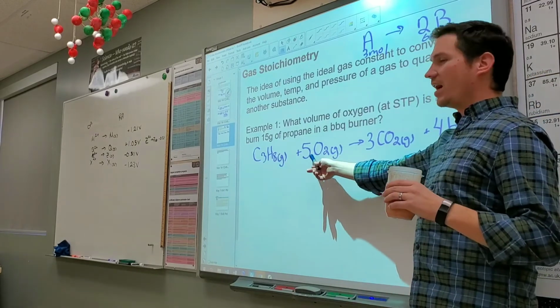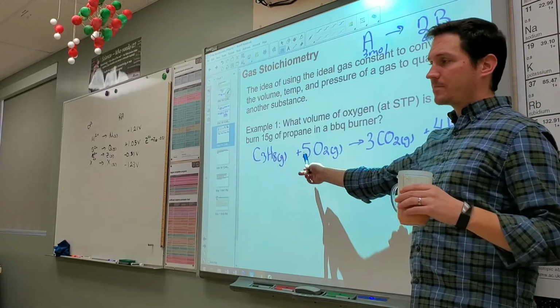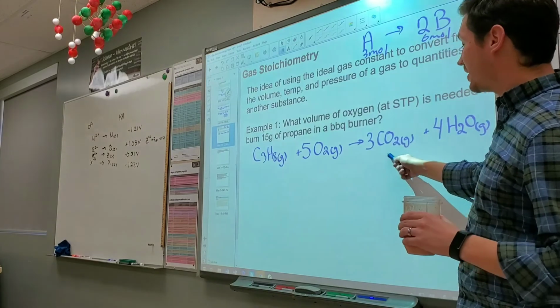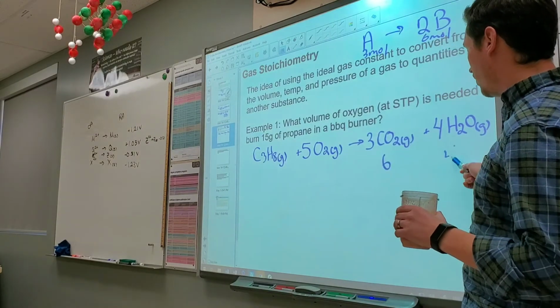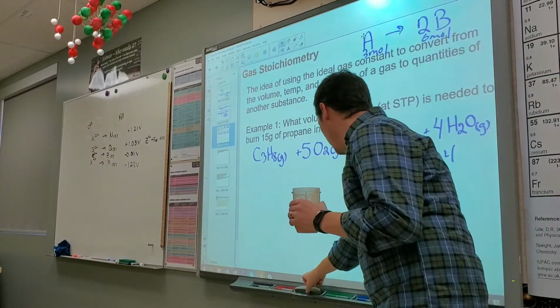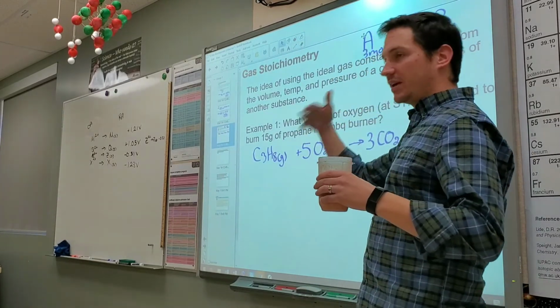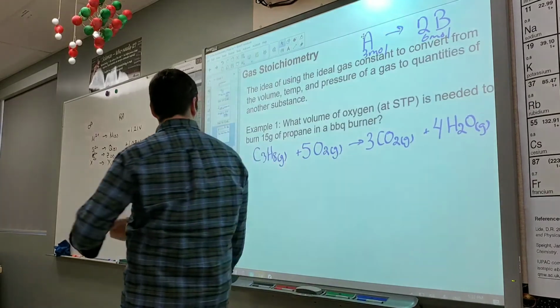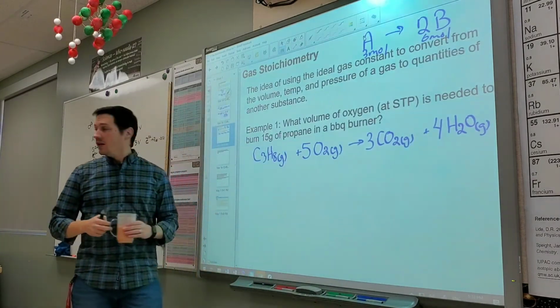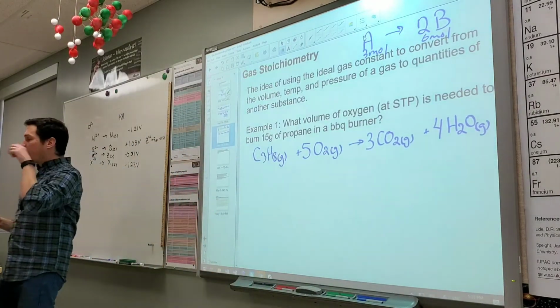Okay, why 5 oxygens over here? 3 and 2 make 6, and 6 and 4 make 10, right? So we need 10 oxygen atoms, but they come in groups of 2, so we need 5 oxygen molecules. Okay, no problem.